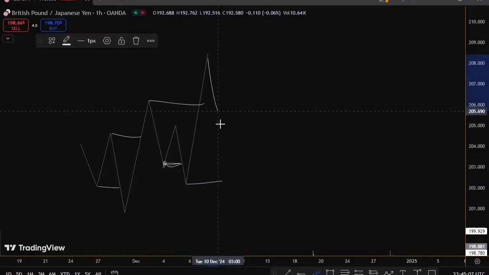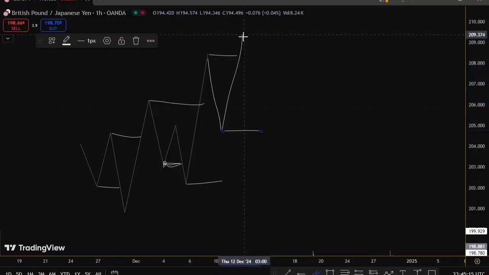For price to create liquidity, either breaking structure, then when it comes down, it takes it out, and we look for our entry below this point. And you can see there's a difference between this entry and this entry, which is this before it broke structure. What did it do? Created an engineered liquidity, took it before going up.